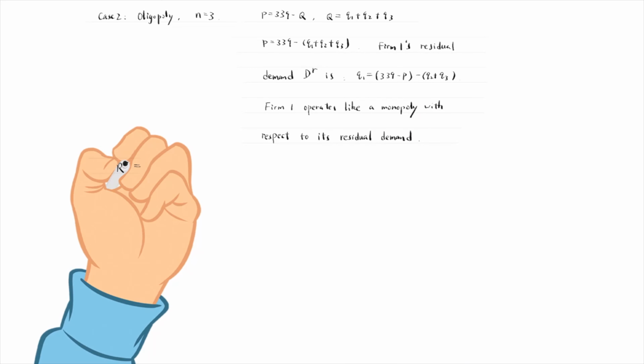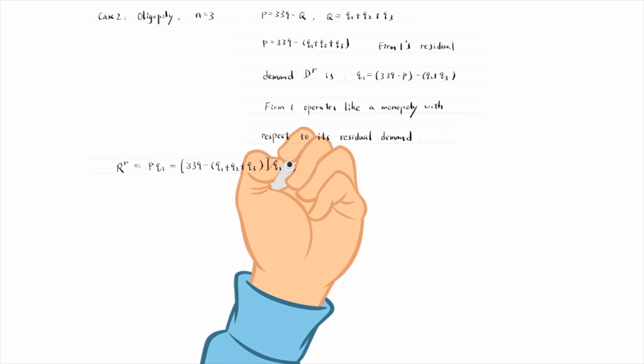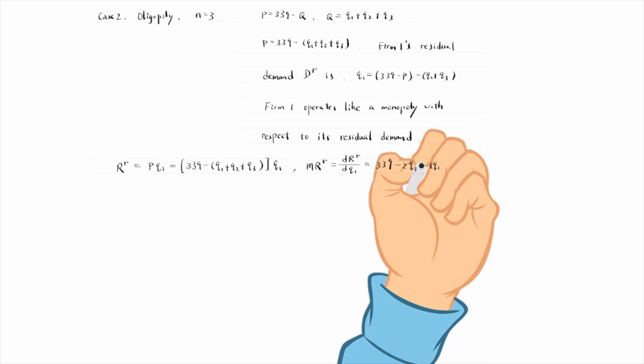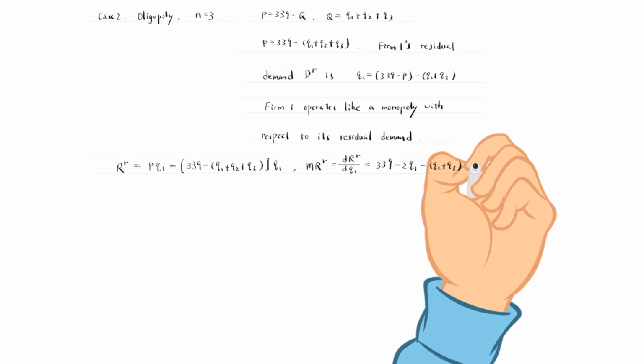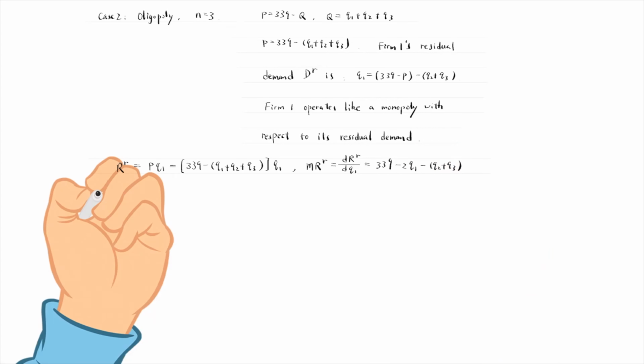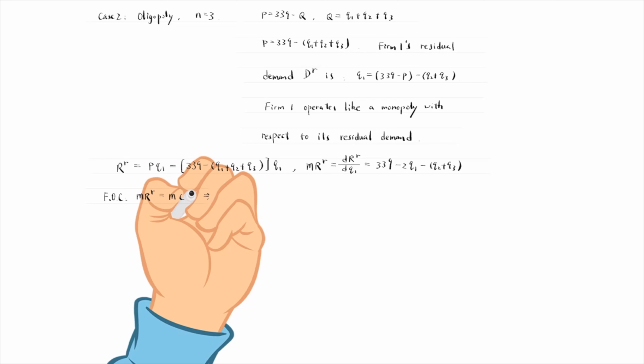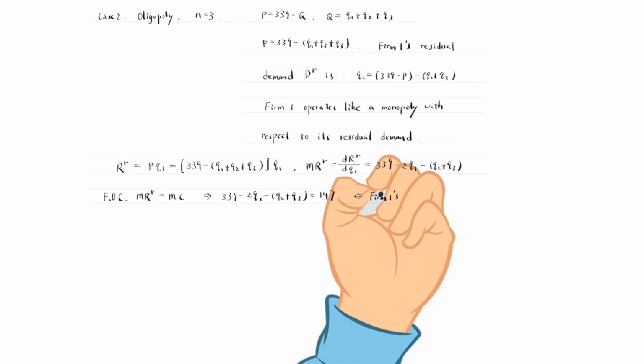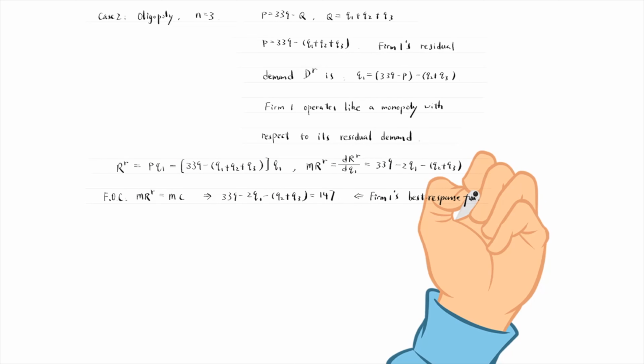We write Firm 1's residual revenue function and the residual marginal revenue function. The first order condition, marginal revenue equals marginal cost, leads to Firm 1's best response function.